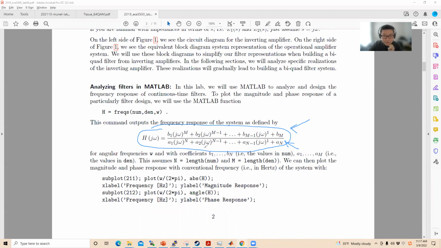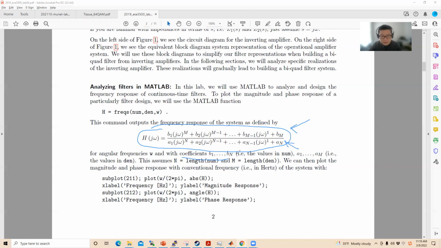But what we need to know is the coefficients for the numerator and the coefficients for the denominator. How to calculate these coefficients from the circuit is what we need to learn today.